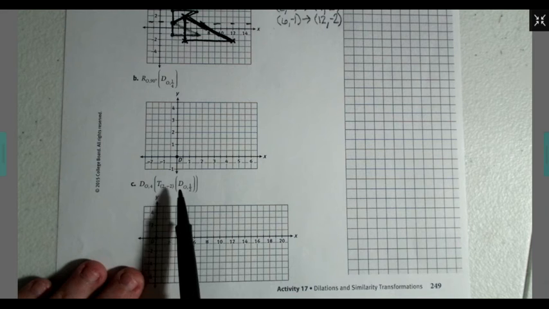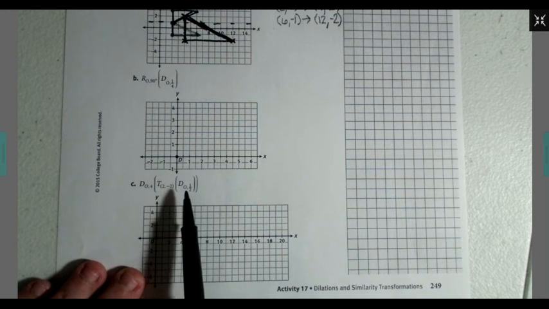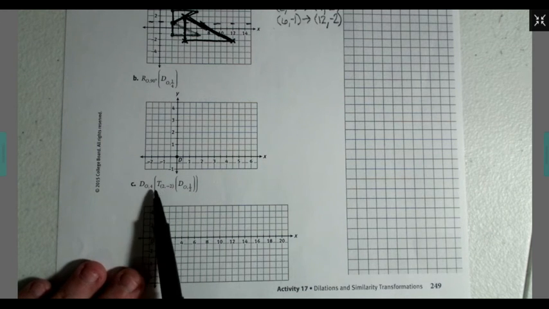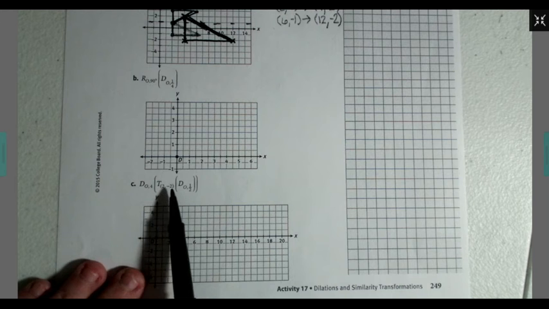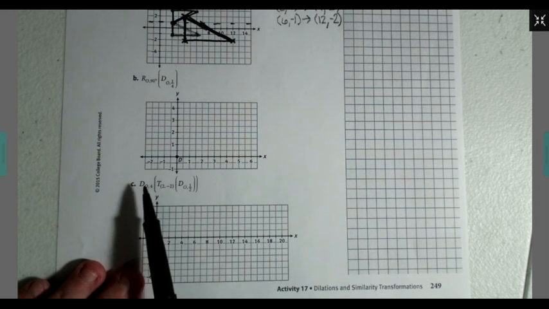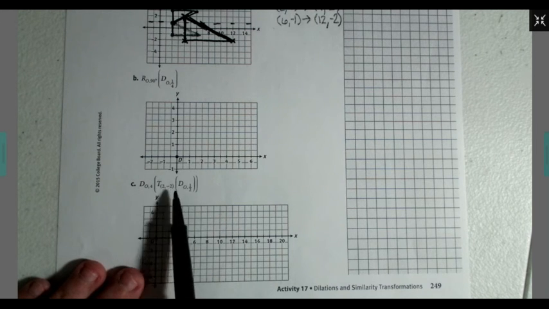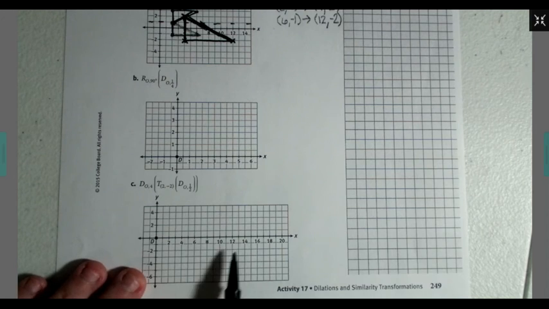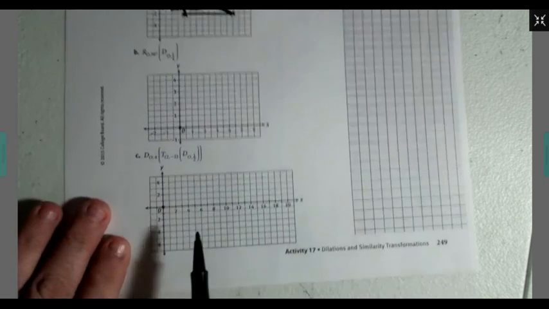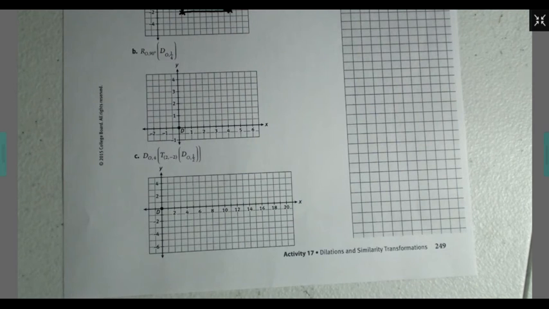This one's got a couple of steps. Dilation about the origin of 1/2. Translation to -2. And then a dilation about the origin of 4. So make sure you draw your original image, and you might want to draw little pencil markings along the way to make sure that your final marking is done correctly.